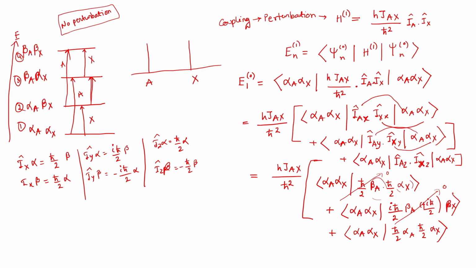See alpha a alpha x alpha a alpha x, so we are going to get only from this last factor the thing h jx by h cut square into how much? H cut by a, h cut by a, that is h cut square by 4, and that is h jx by 4, right? And similarly we are going to get the same thing from, actually I have written one thing in the first order correction.